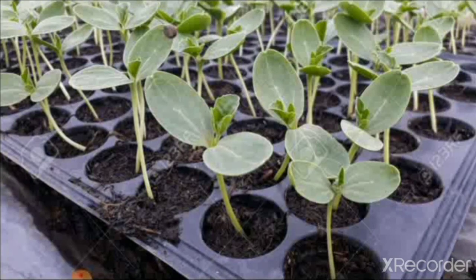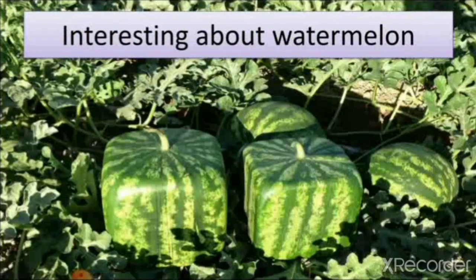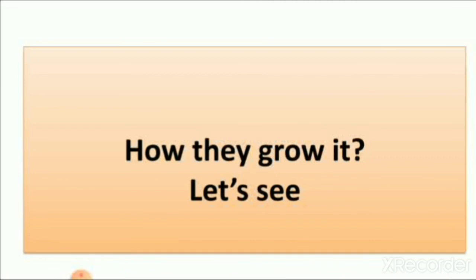Here is some plant that grows in a mold. An interesting thing about watermelon is that in some places of the world watermelon is available in squares. So how do they grow squares? Let's see.